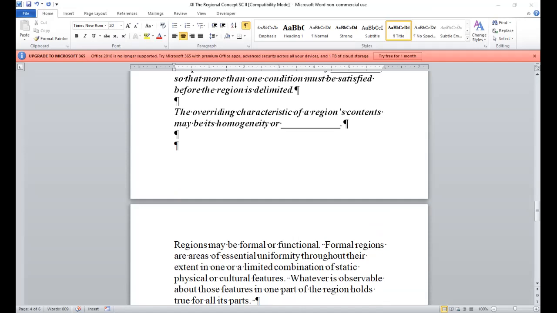Formal regions are areas of essential uniformity throughout their extent in one or a limited combination of static, physical, or cultural features. Whatever is observable about those features in one part of the region is generally going to hold true for the rest of its parts. So let's look at the notes.